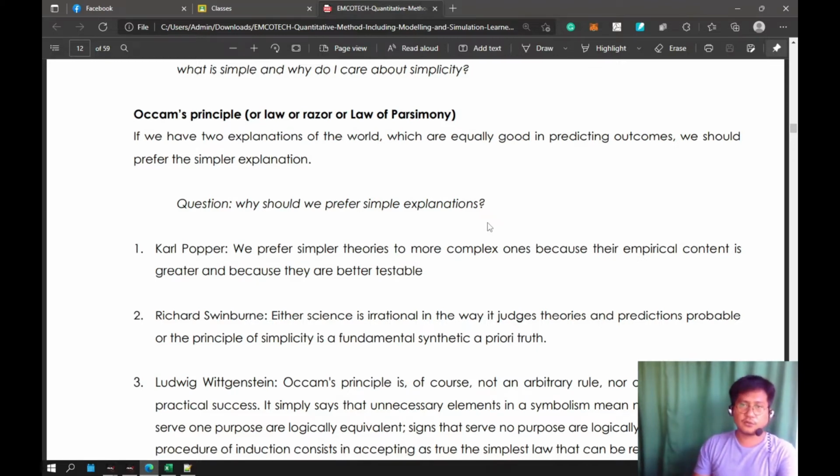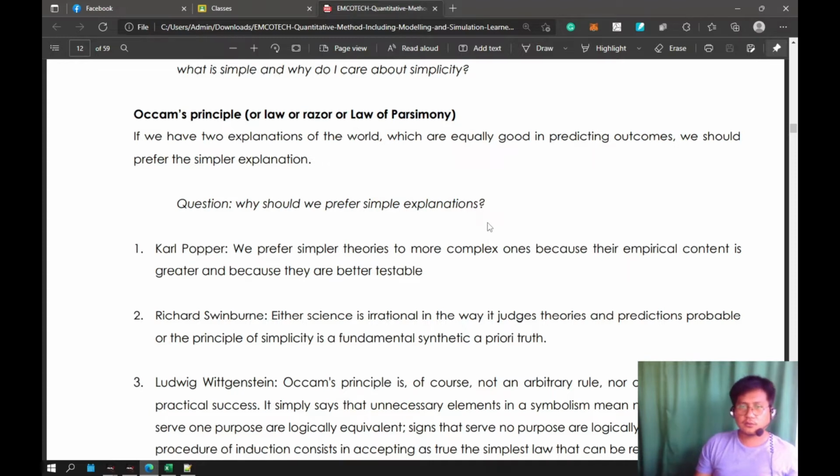If we have two explanations of the world which are equally good in predicting outcomes, we should prefer the simpler explanation. Yes, maybe. Or no, I don't know. But the correct way is, why would we choose a complex way of solving things when there is a much better and simpler explanation to that?